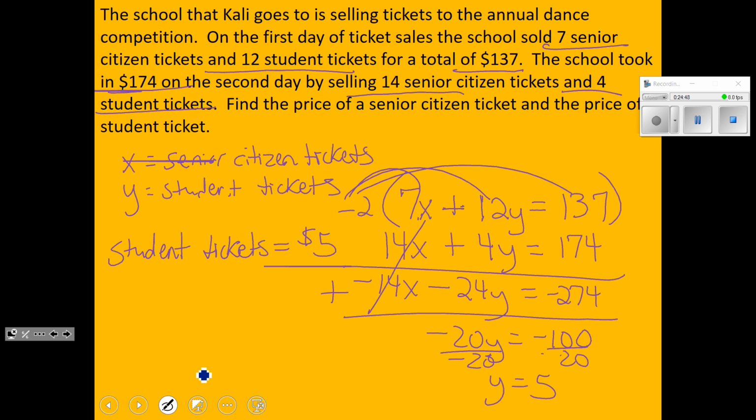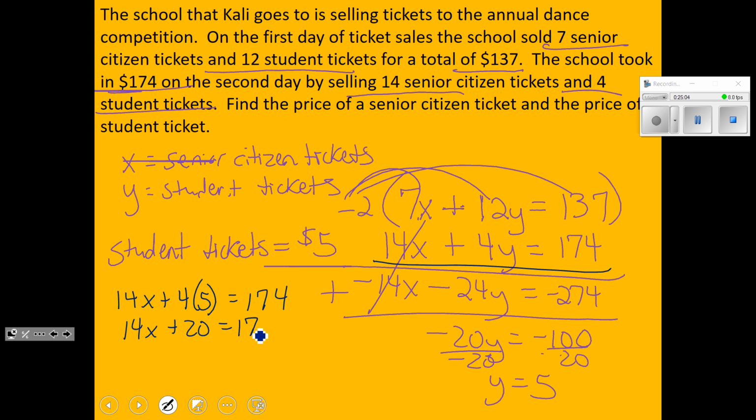Okay? To figure out what the senior citizen tickets would be, we just need to plug it in. So I'm going to do door number 2. So 14x plus 4 times 5 is equal to 174. So 14x plus 20 is equal to 174. So 14x is equal to 154.